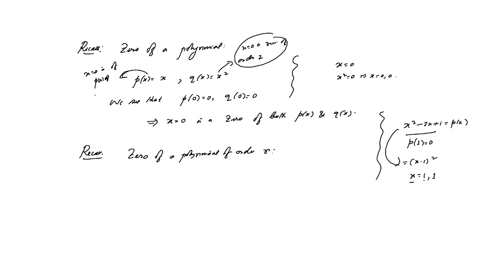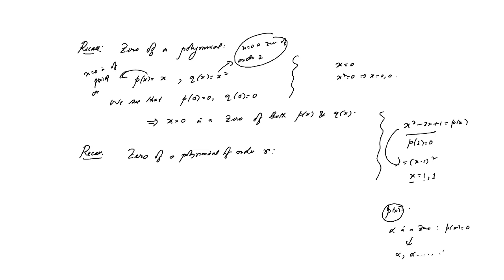Say p(x) is a polynomial and alpha is a zero, that means p of alpha equals 0. But how many times, order r?